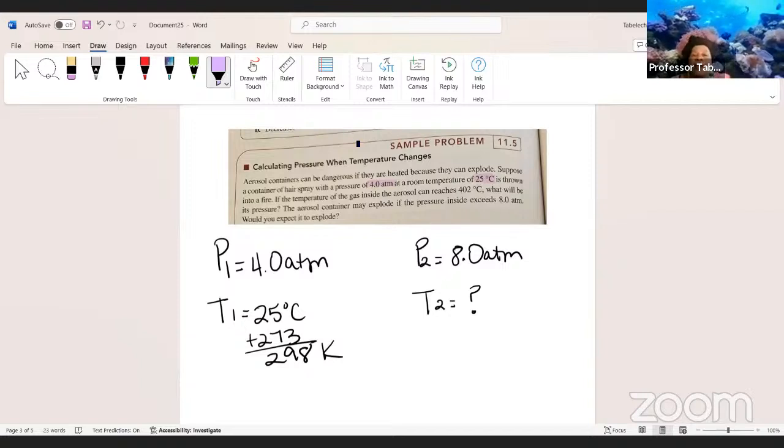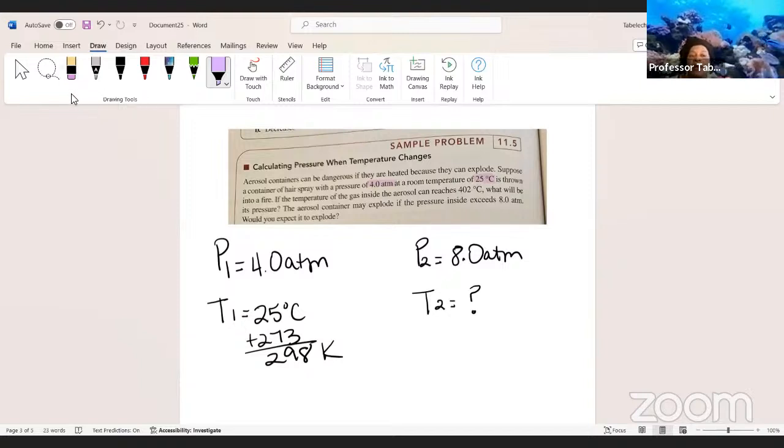And now it says if the temperature of the gas inside the aerosol can reaches 402 degrees Celsius, what will the pressure be? The aerosol container may explode if the pressure exceeds 8.0 atm.